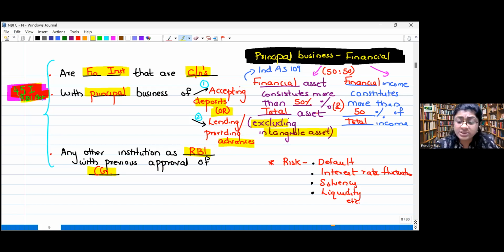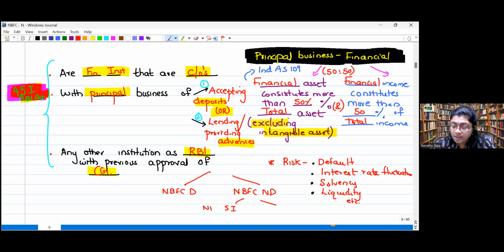Before even starting this, you remember we divided NBFC into two types, NBFC-D and NBFC-ND. ND was divided into NDSI and others. These two, we said, are big brothers, they come together, and this is small.